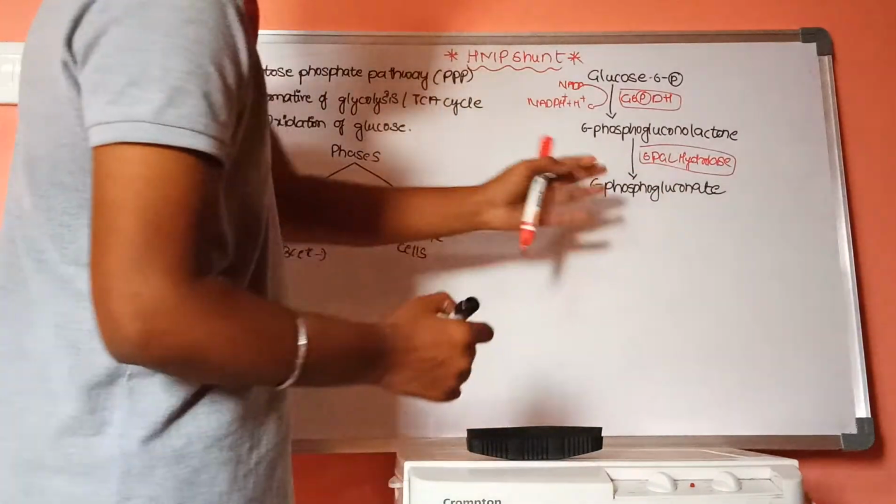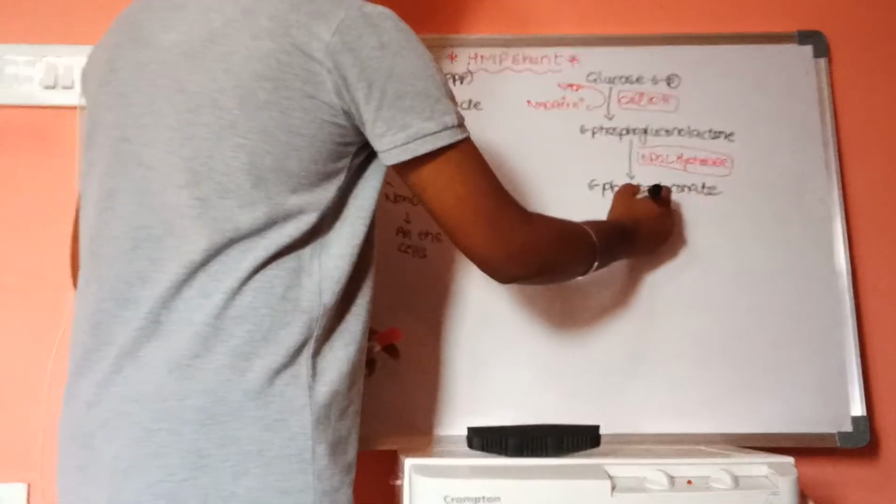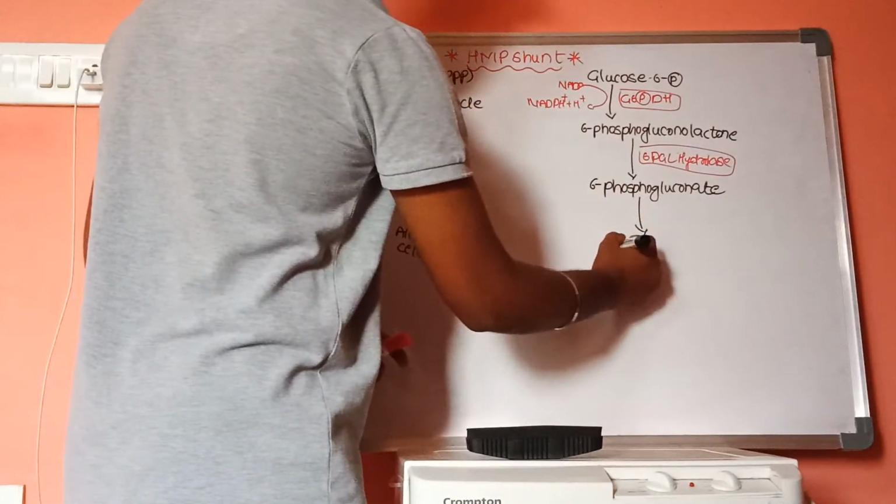Now, this 6-phosphogluconate will get converted into ribulose 5-phosphate.